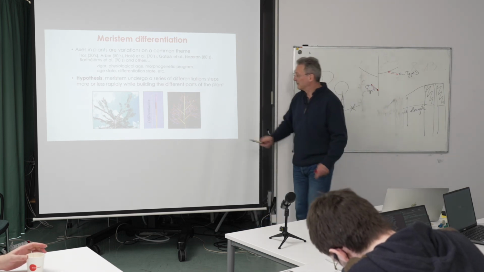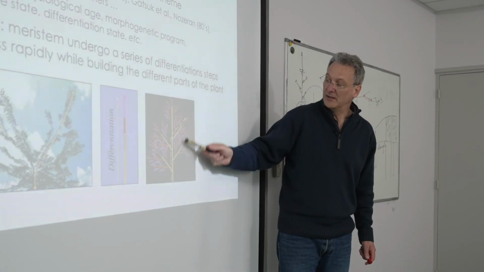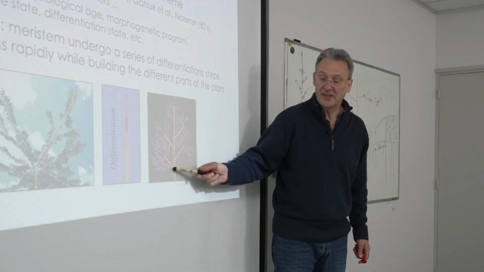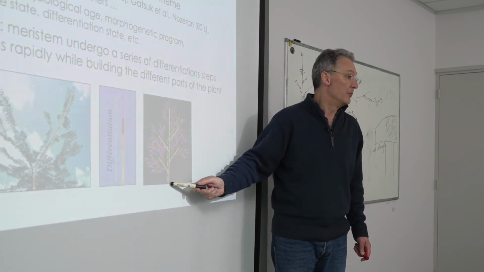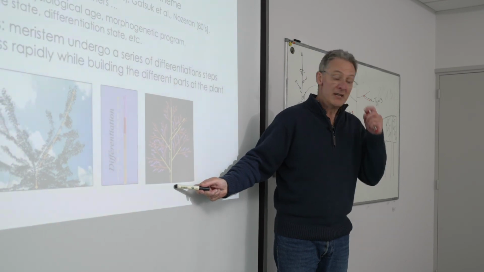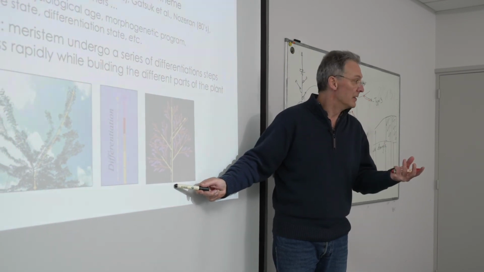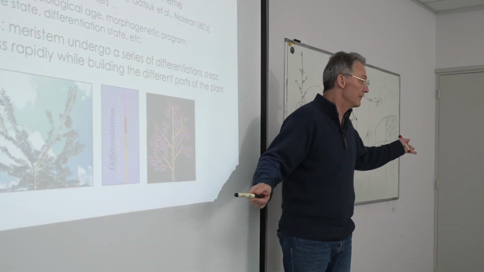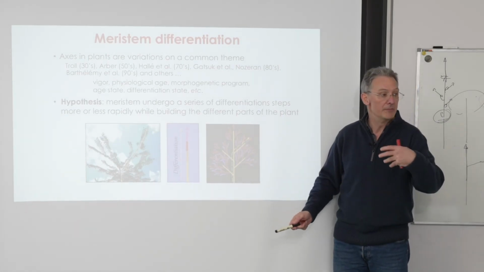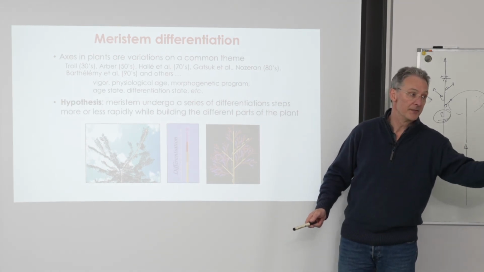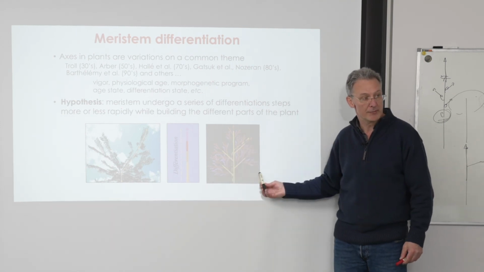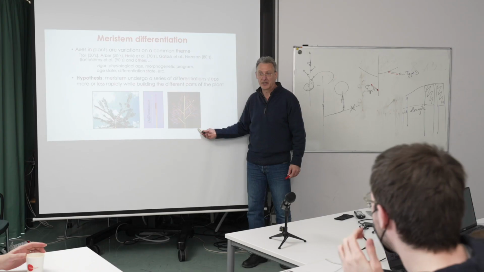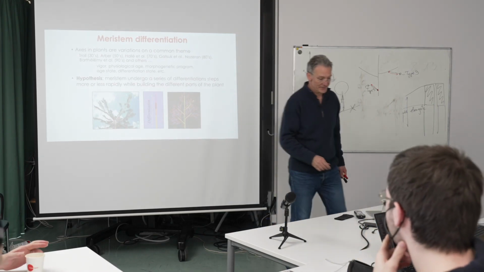If I manage in the computer to reproduce this type of architecture based on the meristem state, I will say that if I am in a certain state, I am able to do this and this and this; if I'm in a different state, I'm able to do this, but not this. By making this type of assumption, I will be able to create a program that will reproduce this type of architecture. I think we are done.